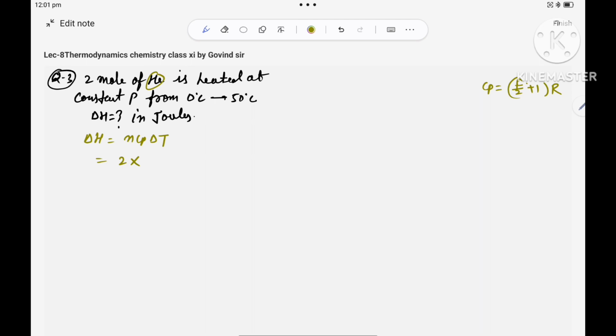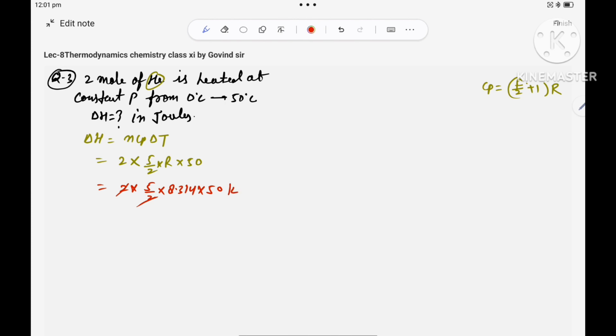So here it will be 5 by 2 into R into temperature difference, which is 50. Either in Kelvin or Celsius the change will be same. So it is 2 into 5 by 2 into 8.314 into 50. So you have to calculate, 2 cancel.